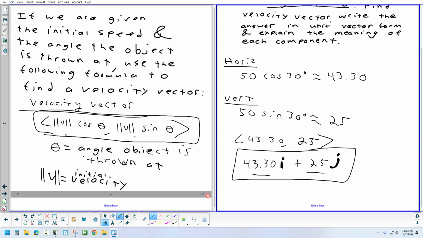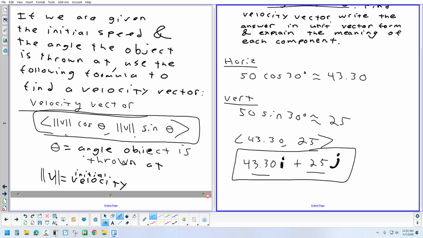Both speeds. But what would that 43.3 mean? Initial speed? Well, the initial speed itself is 50 miles per hour. We got to be a little more specific when you say initial speed. Think about how we've broken the vector down. The speed it traveled horizontal. It's the speed in the horizontal direction, yes.